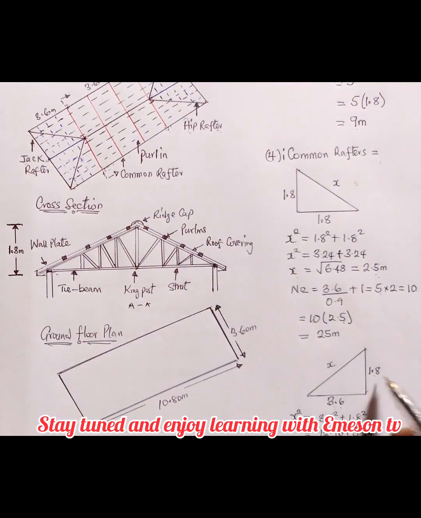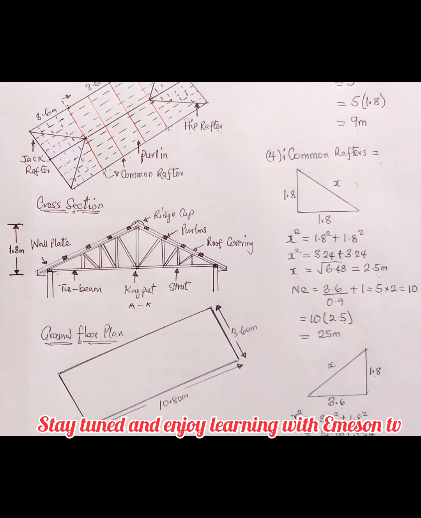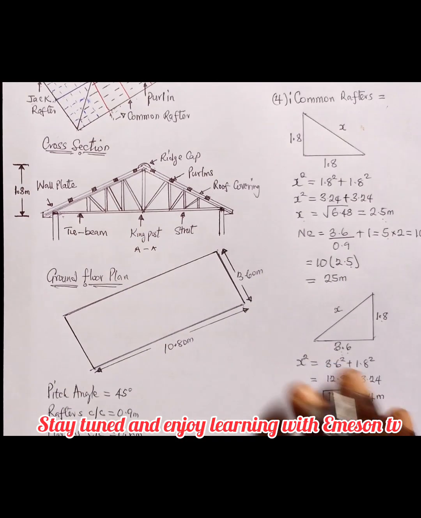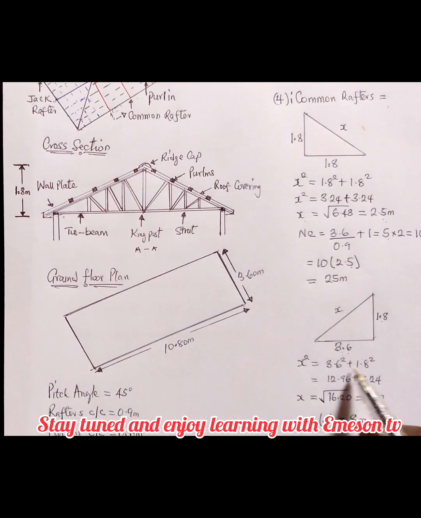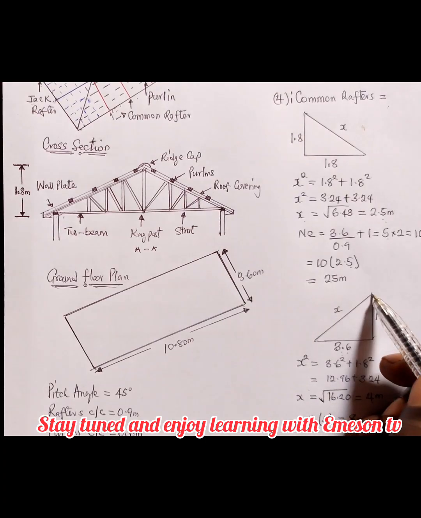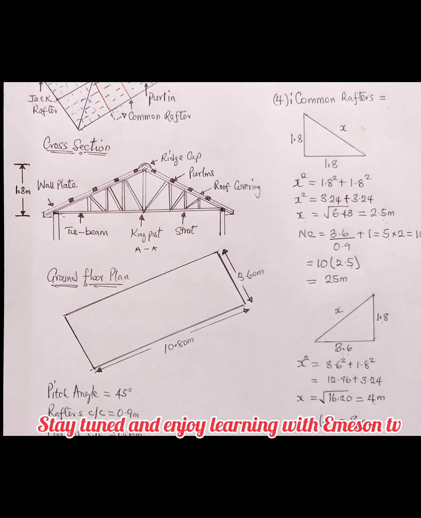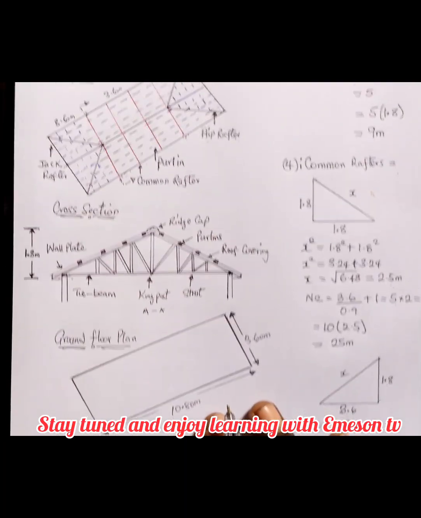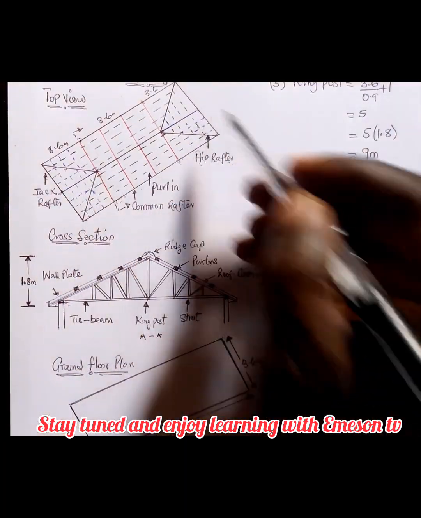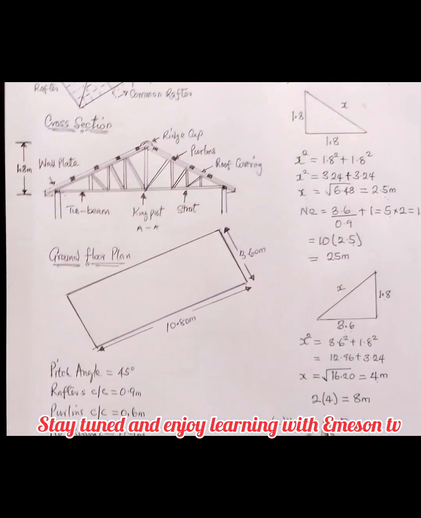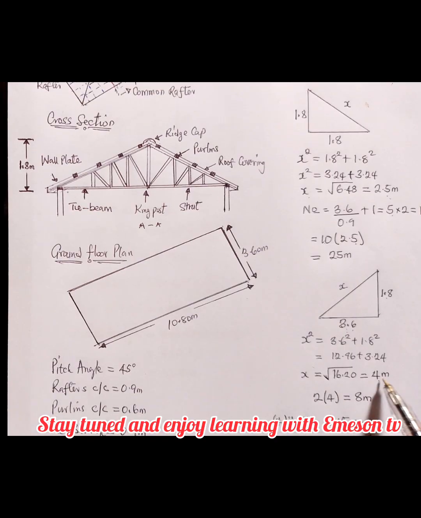So we have 3.6, 1.8. We use Pythagoras to solve that. So 3.6 squared plus 1.8 squared is giving us 4 meters. From here to here is 4. Because that common rafter is just 2, it's just this and this, I'm multiplying this length, 4 meters, by 2, and I have 8 meters.